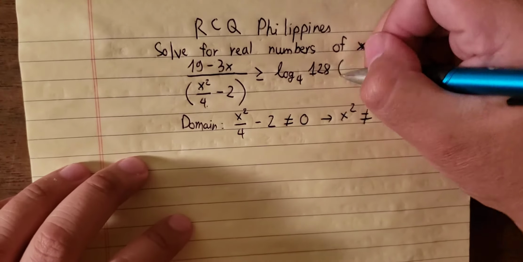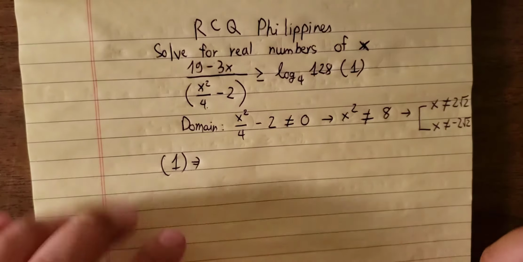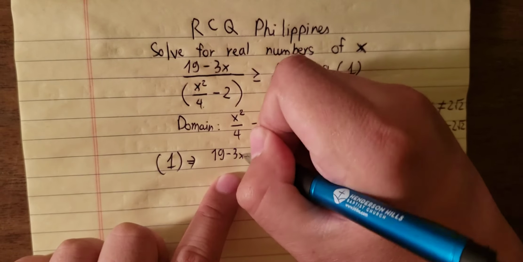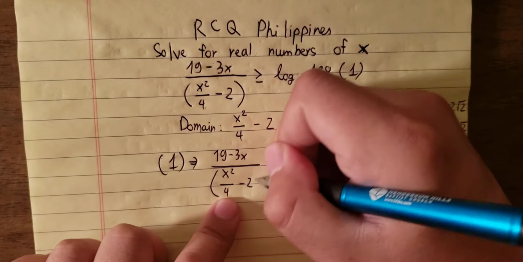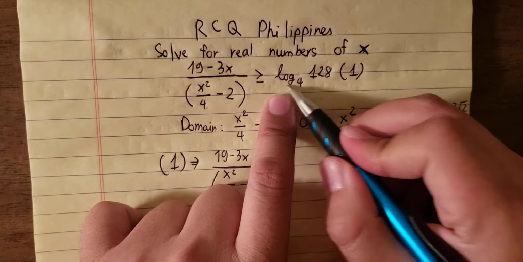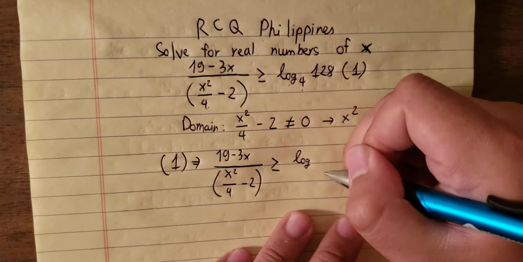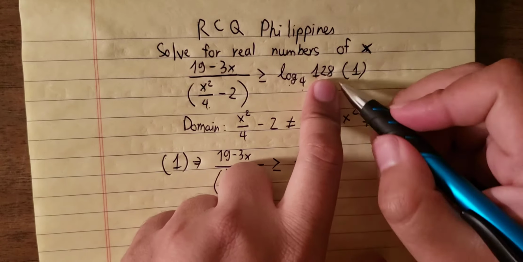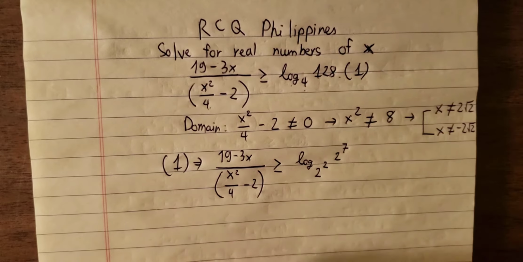Next, from this equation, we know that this is about log of base number 4. We can put log of base number 2 to the power of 2. 128 we can convert into 2 to the power of 7.